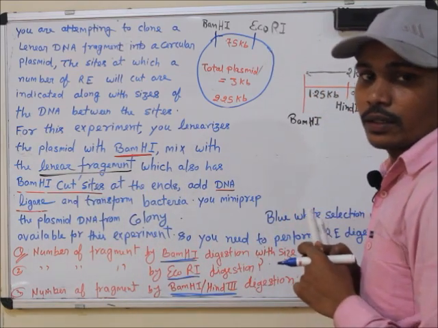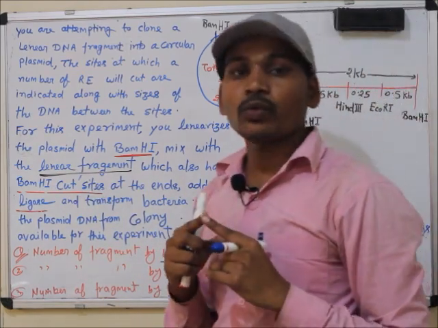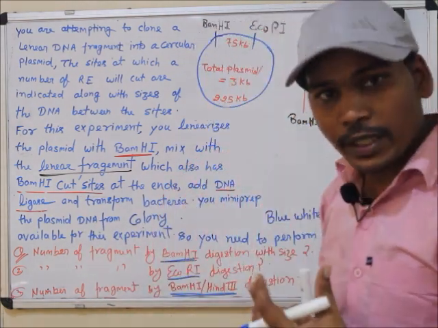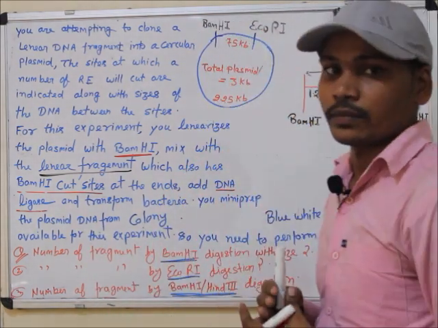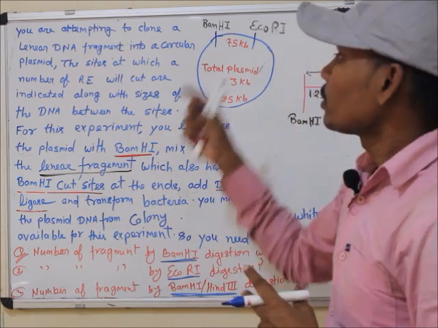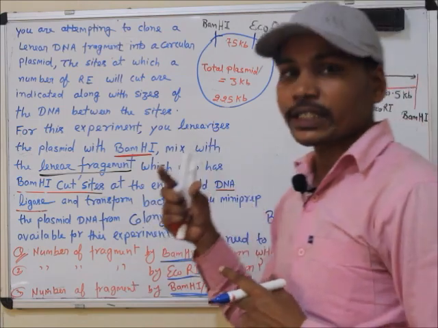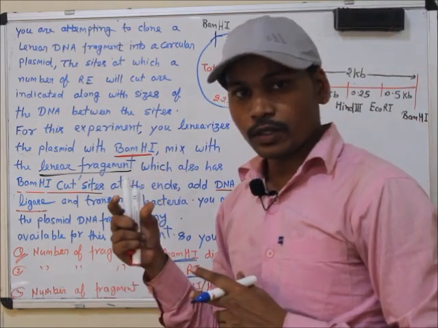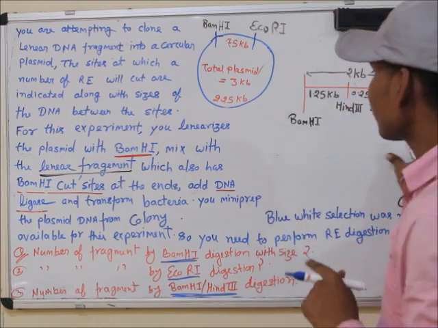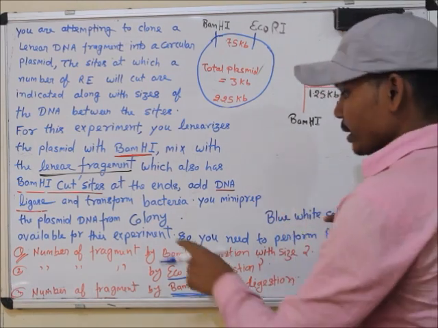But the question is how we know whether the transformation has been completed successfully or not. There are two methods to solve this problem: blue-white selection, and restriction digestion. Here the question asks only about restriction digestion.